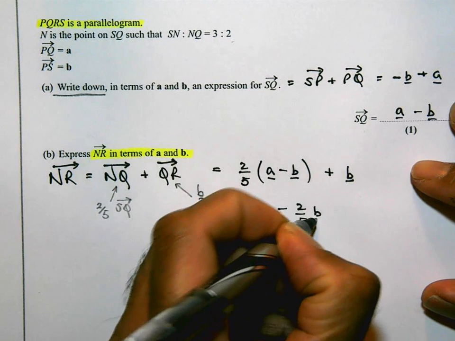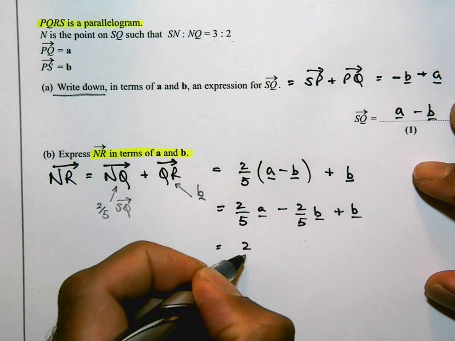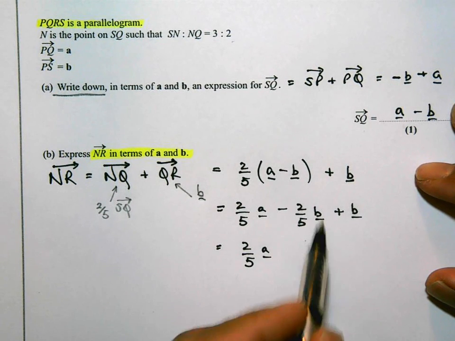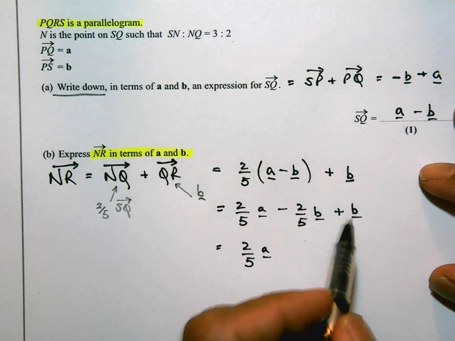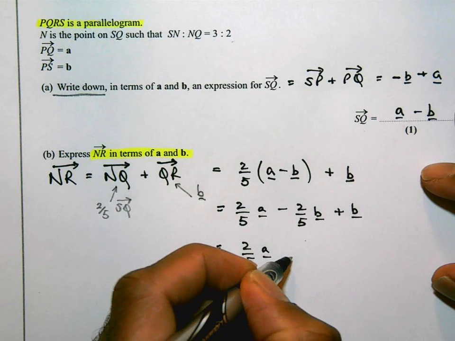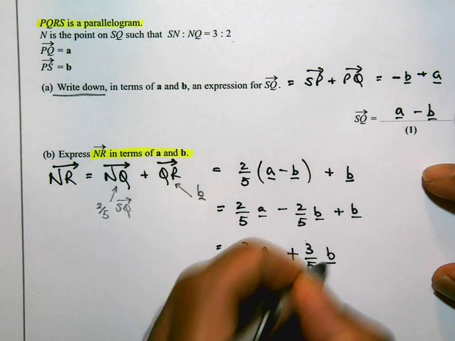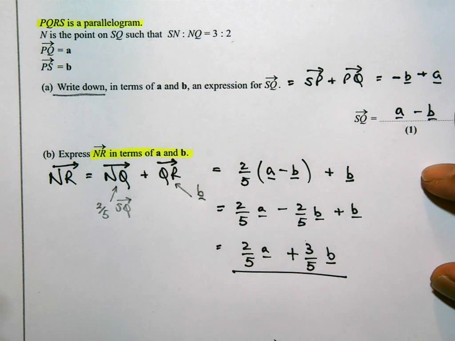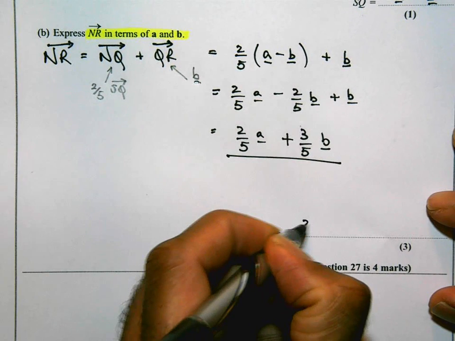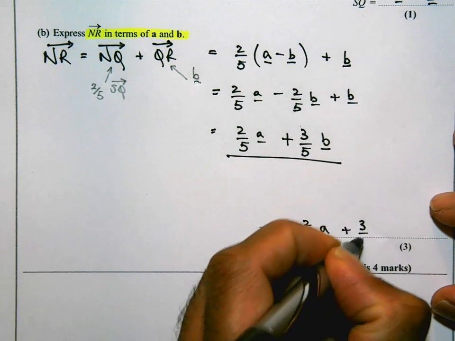That is 2/5 a, and minus 2/5 b plus 1b is going to be positive 3/5 b. That is my final result, and I'll write that in my answer space. NR is 2/5 a plus 3/5 b.